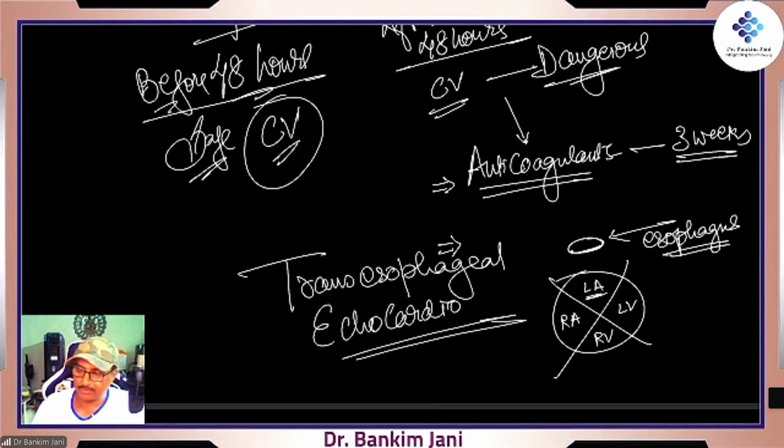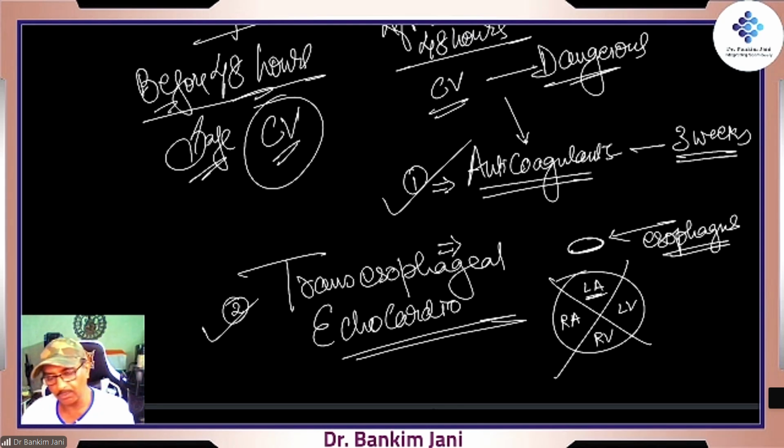So you have given the anticoagulants for 3 weeks, and then you do the transesophageal echocardiogram. If things are good, and the patient has still not recovered from the atrial fibrillation, go ahead. Now you are safe to do cardioversion. And that's how things would go.